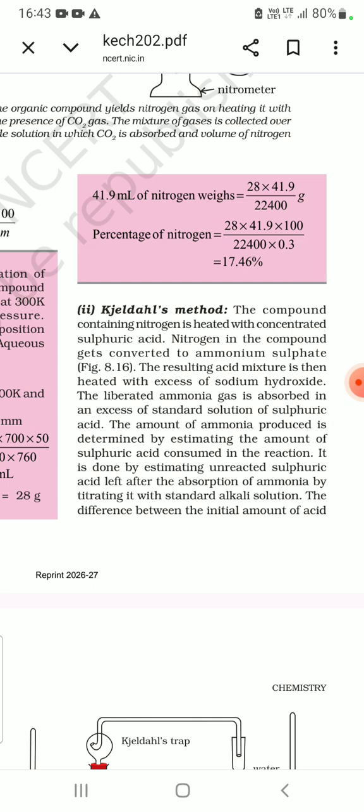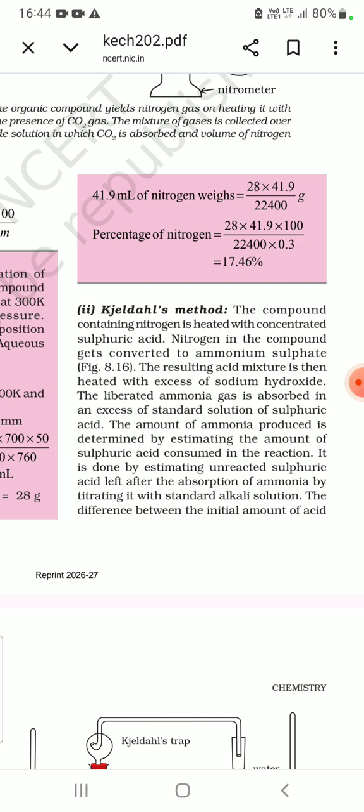Nitrogen in the compound gets converted into ammonium sulfate, and the resulting mixture is heated with excess NaOH. Liberated ammonia gas is absorbed in excess of standard solution of sulfuric acid.